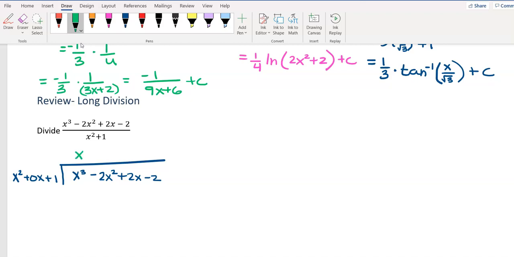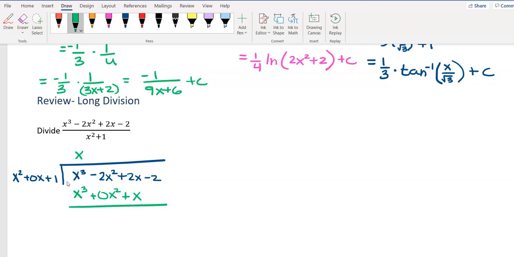So then I'll take this x that I just determined, and I'm going to multiply with each of the guys in my divisor. So x squared times x is x cubed. x times 0x is 0x squared, and x times 1 is x.